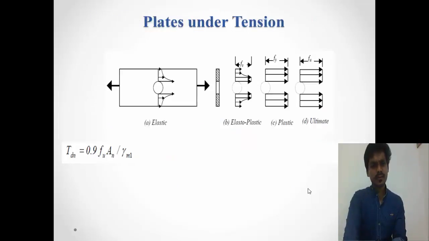Consider a plate under tension. This is frequently taken as having a bolt hole. The tension stress in a plate at the cross section of a bolt hole is not uniformly distributed in the elastic range, but exhibits stress concentration adjacent to the hole, as shown in the figure.